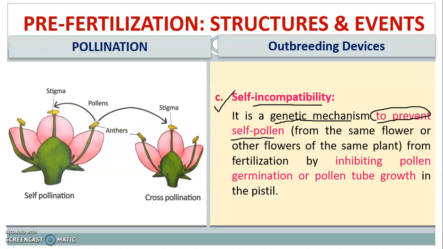The flower may be bisexual, but it will not undergo self-pollination, because the anther and the stigma are not compatible with each other. The fertilization is inhibited by inhibiting pollen germination or pollen tube growth, because the pollen does not set on the stigma, and if the pollen grain does not set on the stigma, it will not produce its pollen tube inside the female structure of the plant.